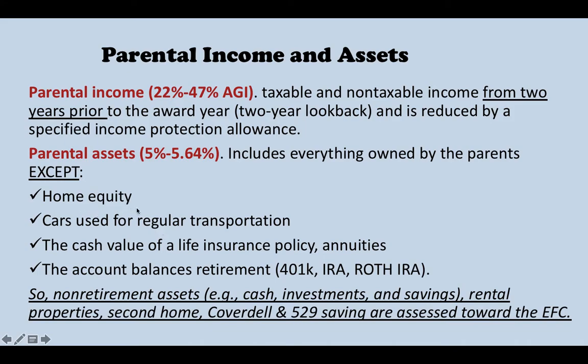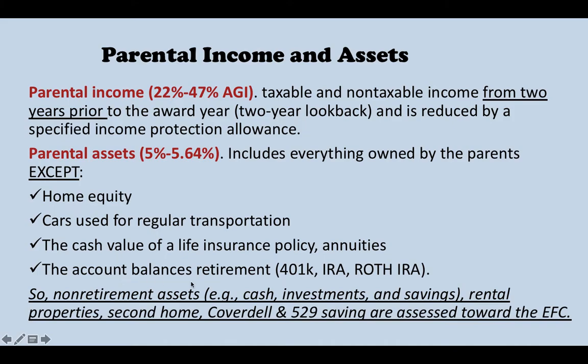If you own a home with higher equity, you probably want to pay more into that equity, so that's why it's excluded. The car is used for regular transportation, so the car is not included. The cash value of life insurance and annuities is not included.